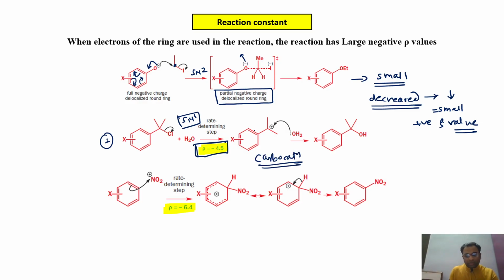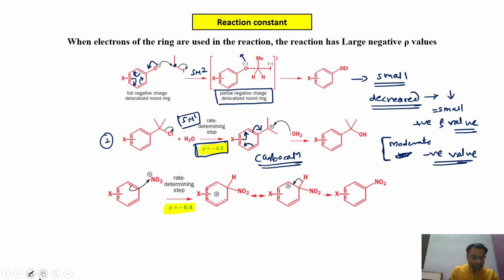Now, as this carbocation delocalizes with the pi system of this benzene ring, it will have a moderate negative value.